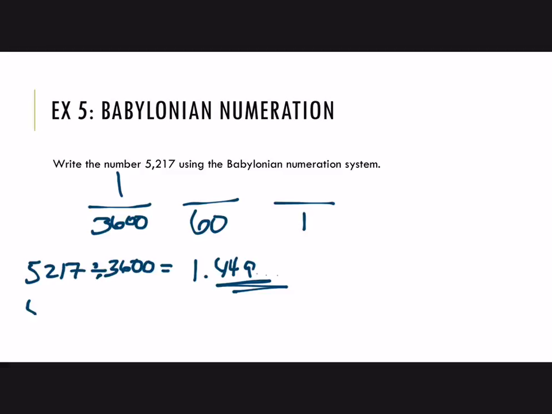So I'm going to subtract that one group of 3,600 to see what's left. And that's 1,617. Now that number, I want to see how many groups of 60 are in that, so divide by 60.